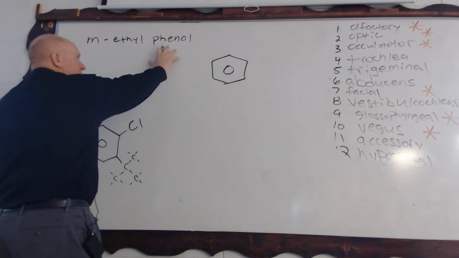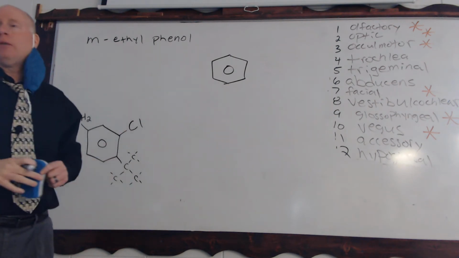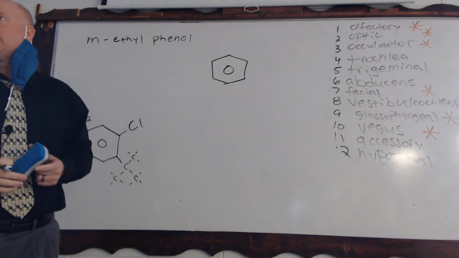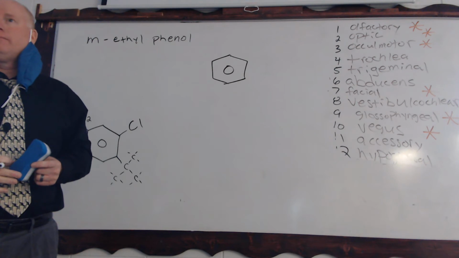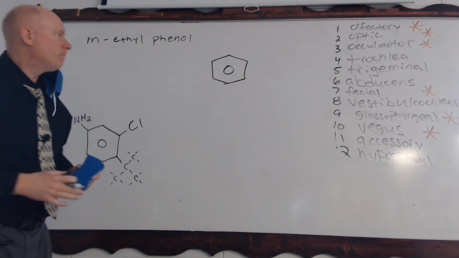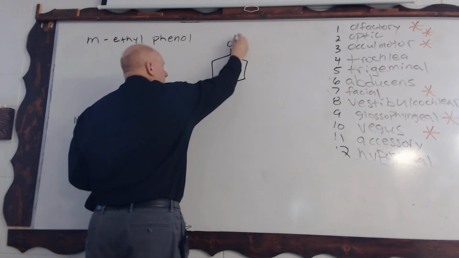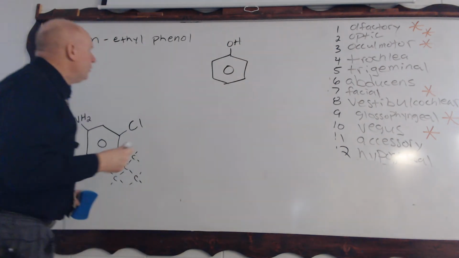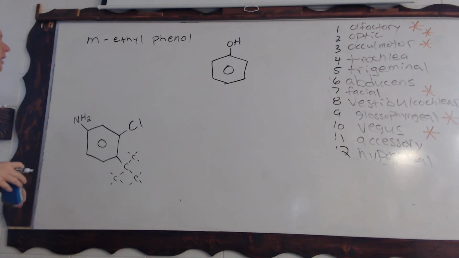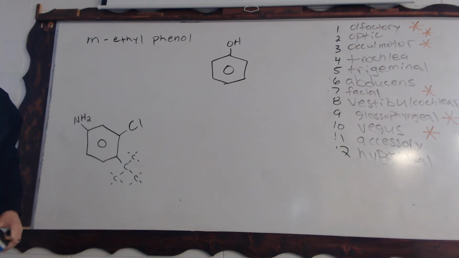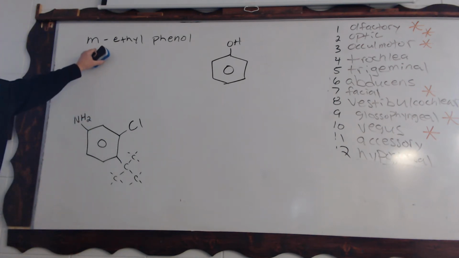So what is this telling you then? That somewhere there is a what? And when you draw these, I would just suggest putting them up here. That's the simplest. So now we've got our phenol. And what is an ethyl group? And finally, where does it go?